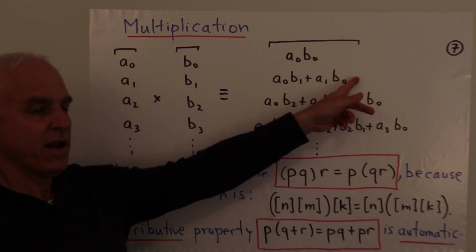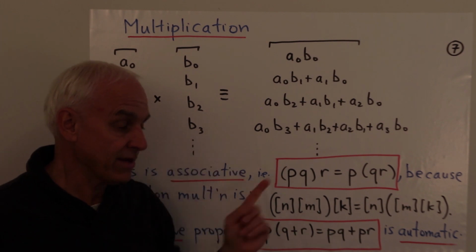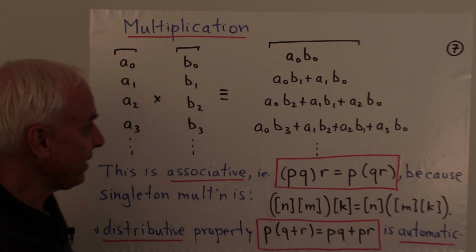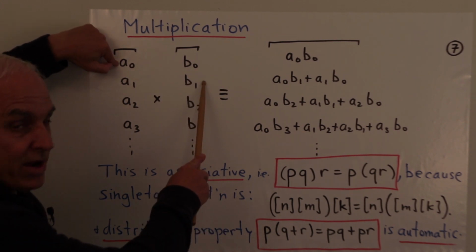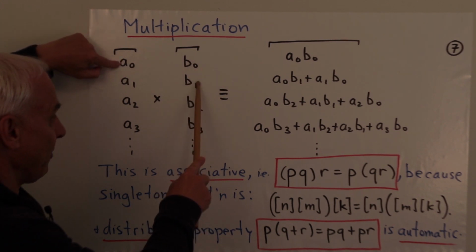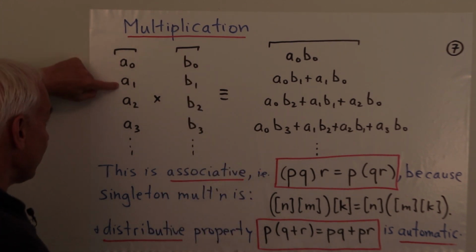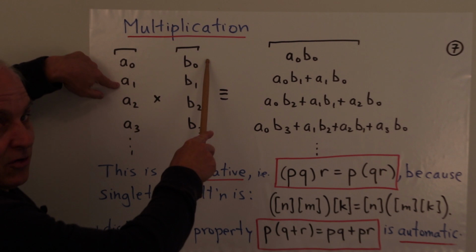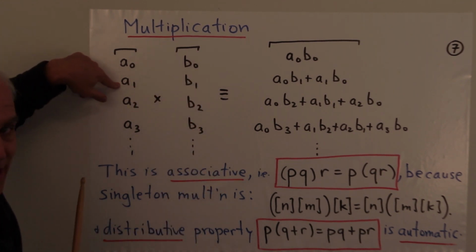How many singleton 1 outcomes are we going to get? Well, how can we get a singleton 1 outcome? We can get an outcome by taking a singleton 0 here and multiplying it by a singleton 1 here, of which there's A0 times B1 different possible combinations. Or we could take a singleton 1 from here and a singleton 0 from here, from which there's A1 times B0 possible combinations.